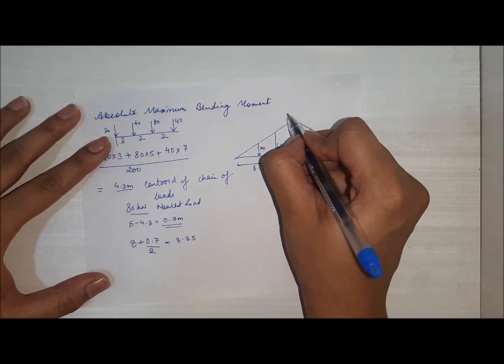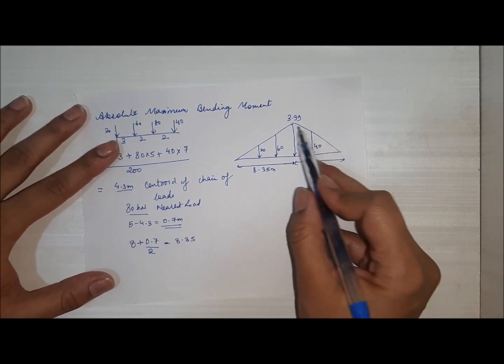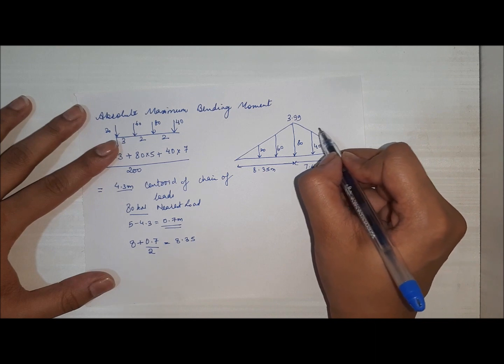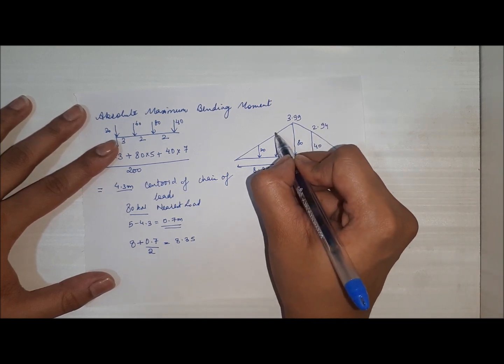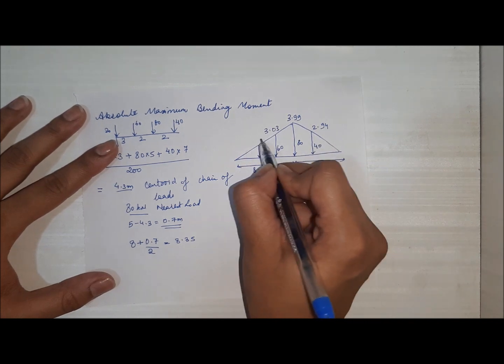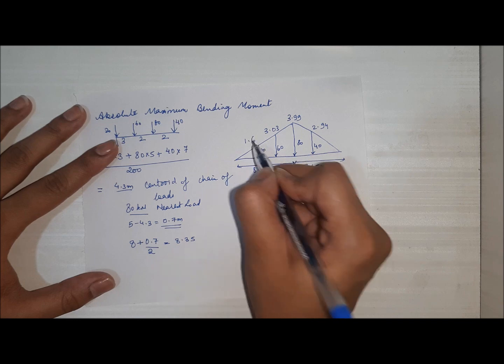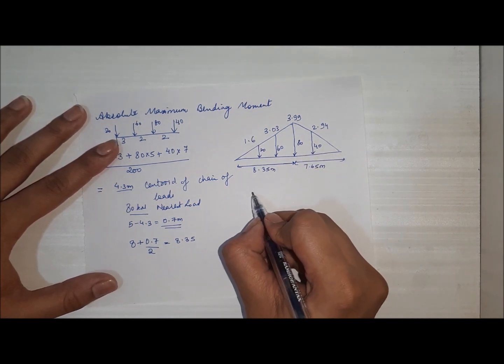So this height will come out to be 3.99. Likewise, we will calculate all other heights. We will get this height as 2.94, this height as 3.03, this height as 1.6. And now we will calculate the final bending moment value.